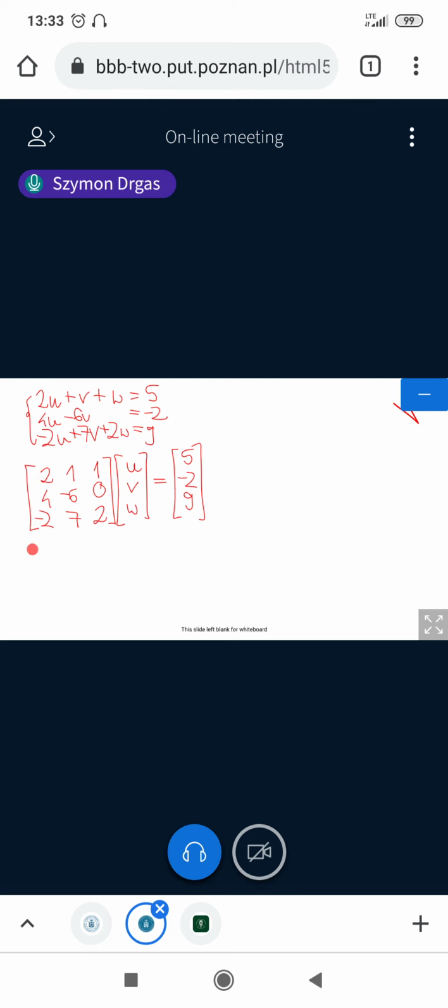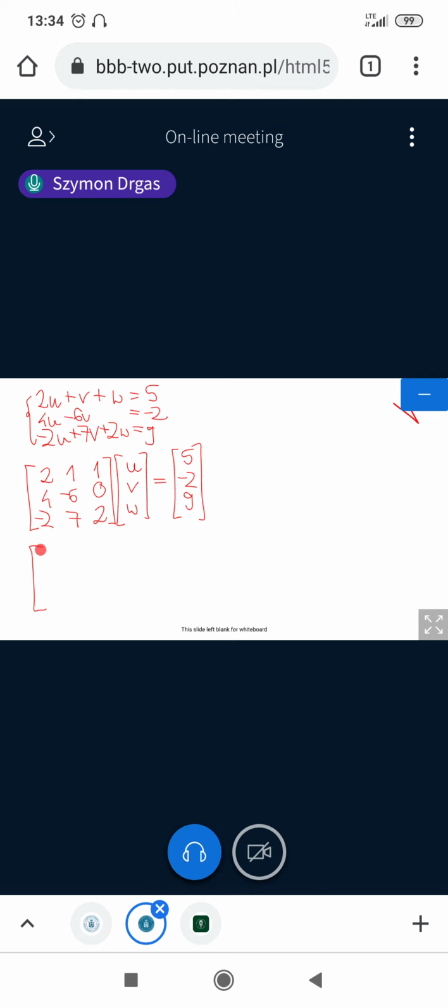If you want to multiply a matrix by a vector, each element of the resulting vector is a dot product of a row and this vector. So the first element has to be equal to the dot product of the first row and this vector. Then the second element has to be equal to the second row by the vector, and so on and so on.